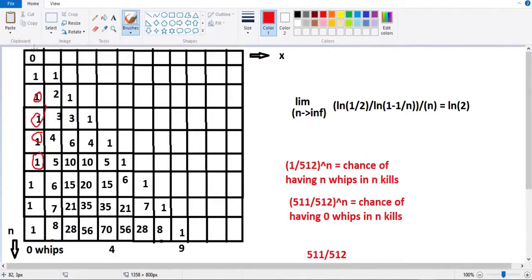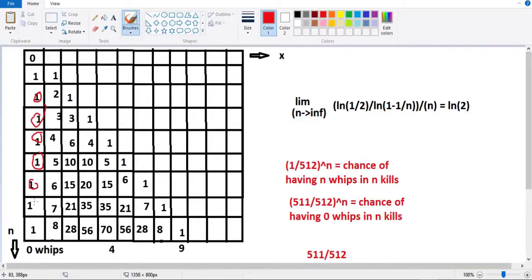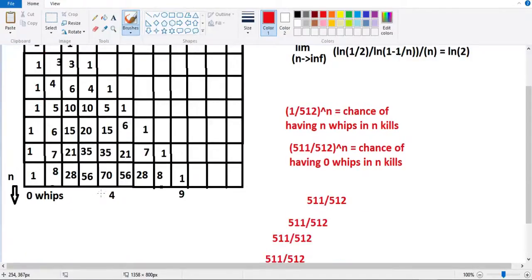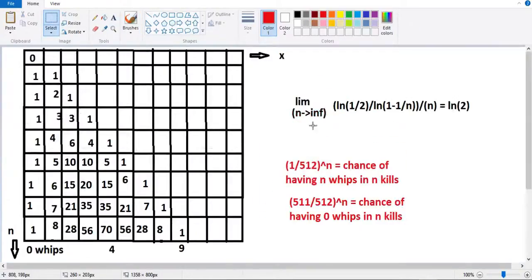So let's say this is x equals 1 right here. At x equals 1, it's always going to be a 1 over here. Whatever the n is, it's always going to be 1. There's only one way to have 0 whips in n kills, and it's to get 0 whips every kill.